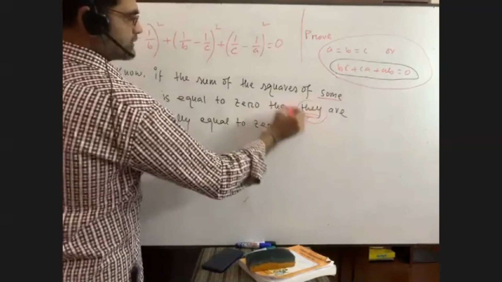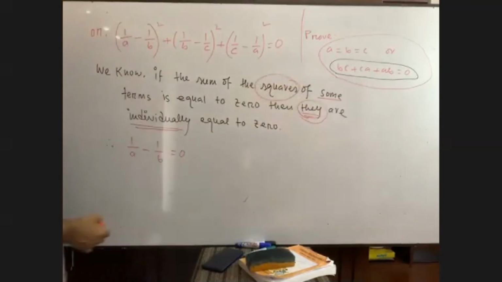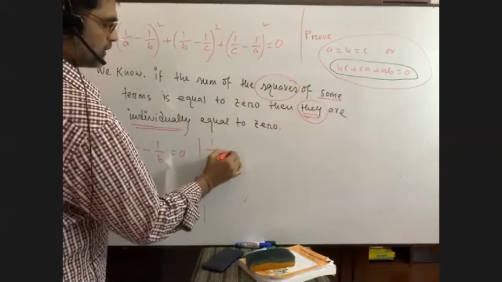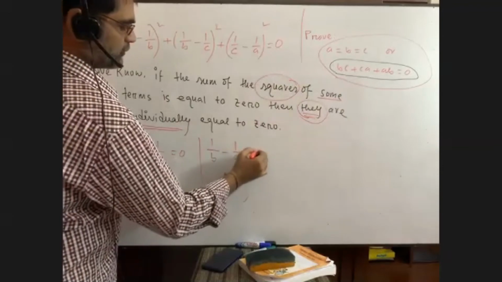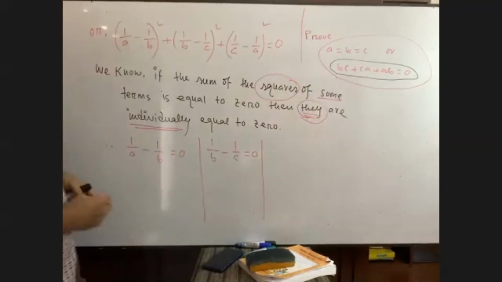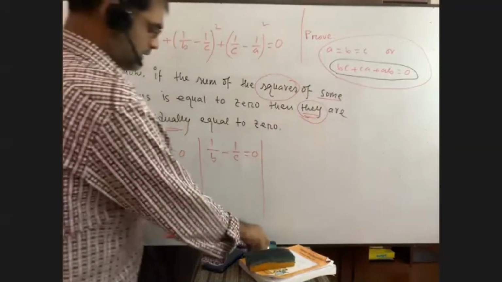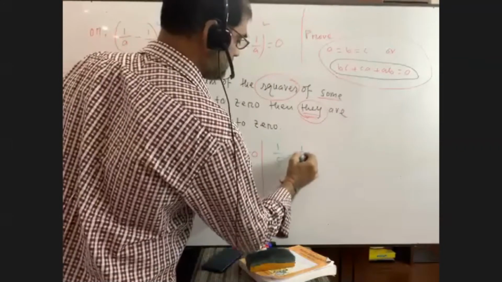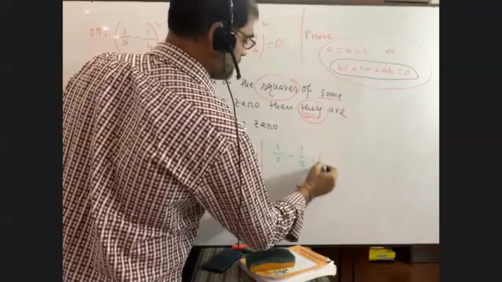They are squares. Okay. Here 1 by b minus 1 by c equals to 0. And here 1 by c minus 1 by a equals to 0.